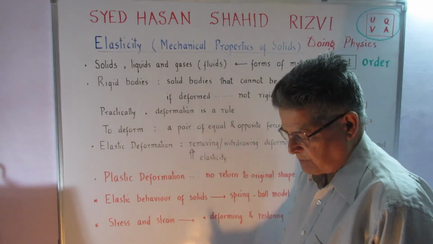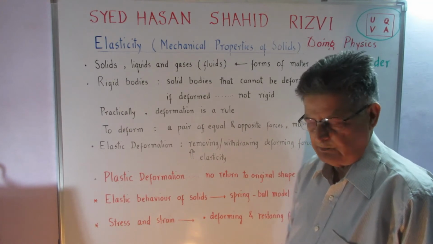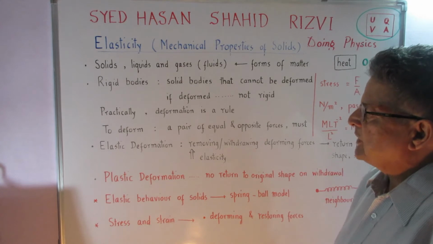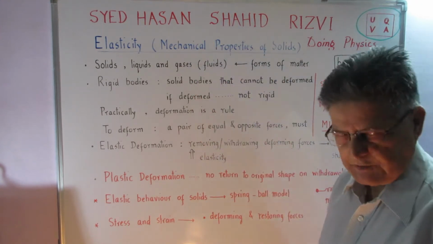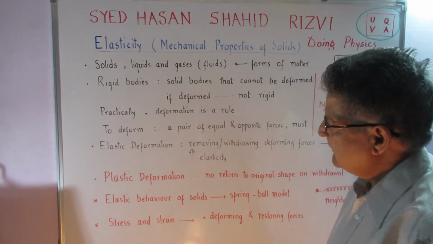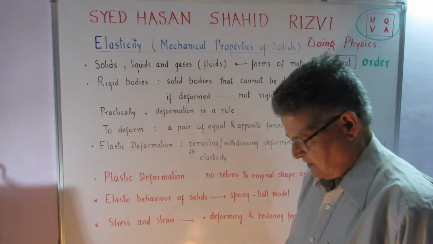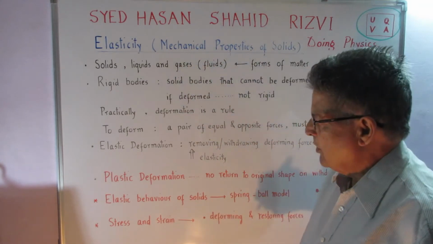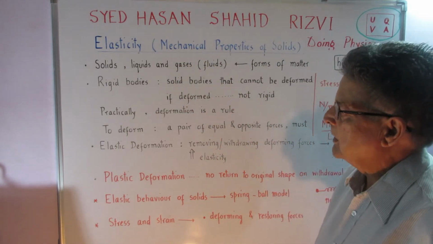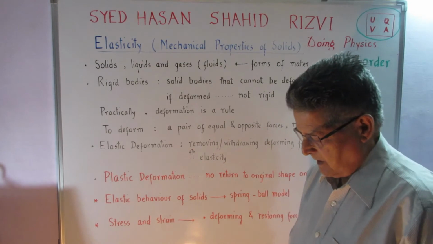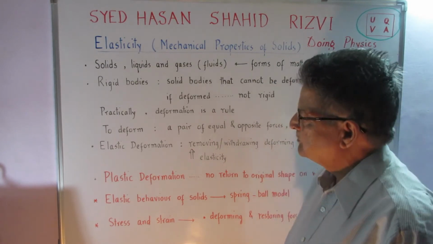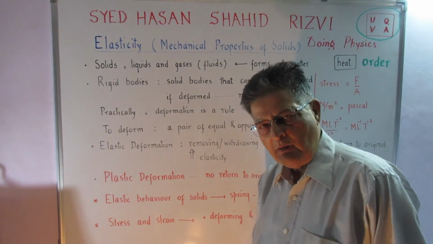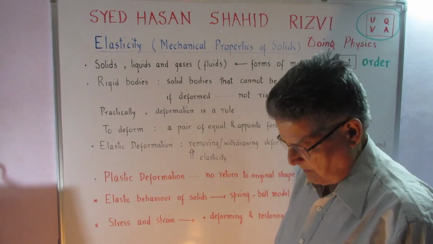The matter comprises atoms or molecules, and the intermolecular distances are maximum in the case of gases. Then that distance closes and there is more neighborhood in the case of liquids, and these liquids make solids in the crystalline form and also in the amorphous form.